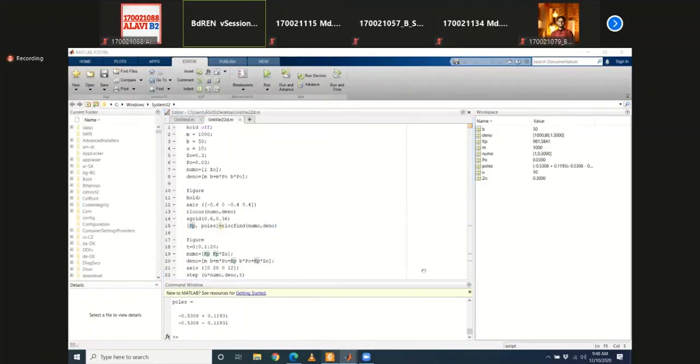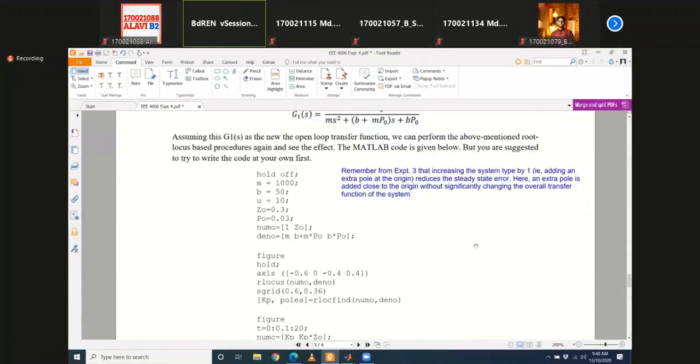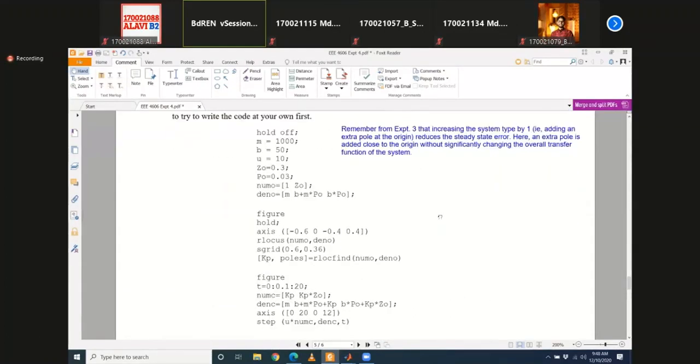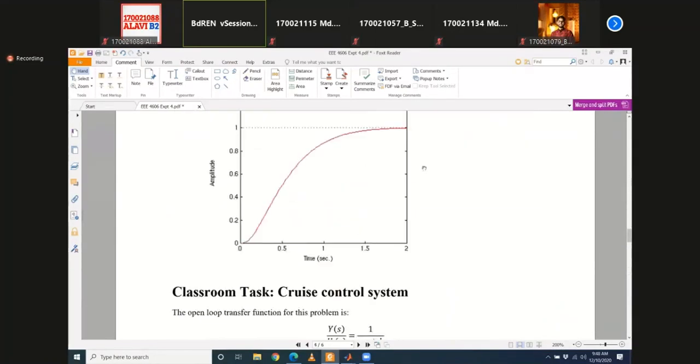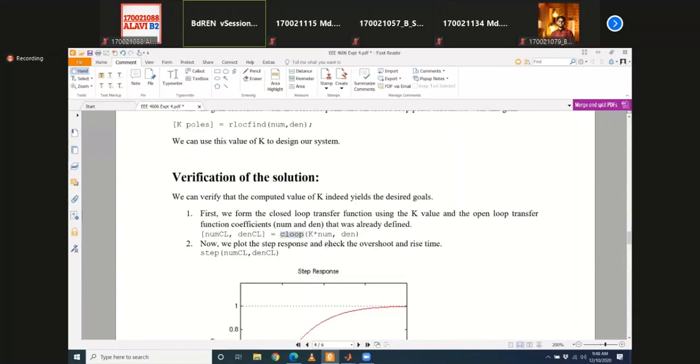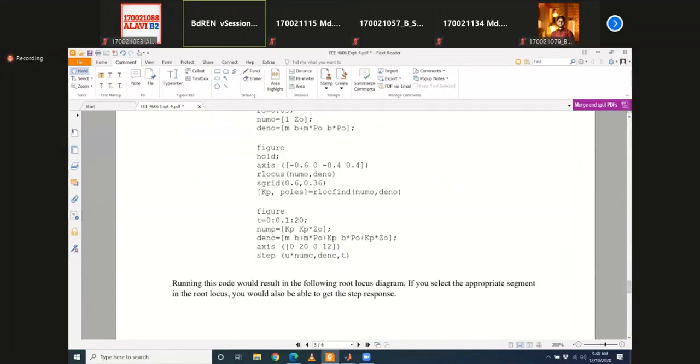What is the next part? Now we'll just verify whether all those three conditions have been fulfilled or not, because we have already added the lag controller. Same method as before: new figure, new time range. But these two lines, numc and denc. Previously we used cloop to make the system closed loop. Here, in this code, only the formula that you know for negative feedback has been used directly.